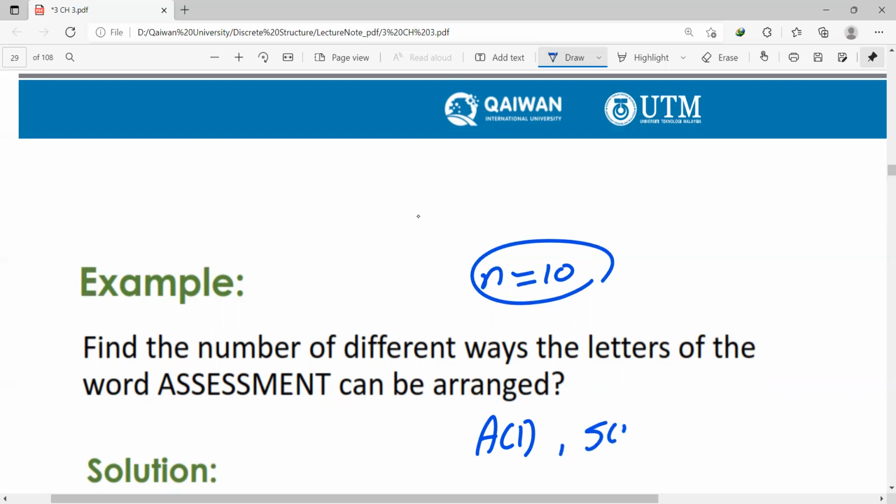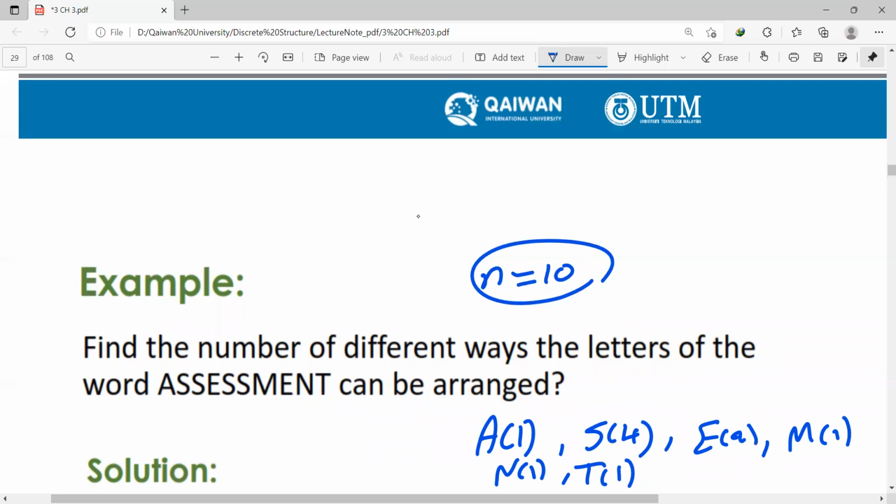That means S is 4. How many E do we have? 2. So E 2. How many M do we have? 1. How many N? 1. And T 1. These are the different types.